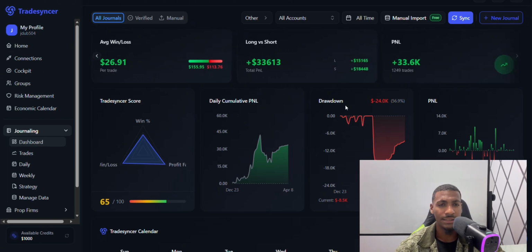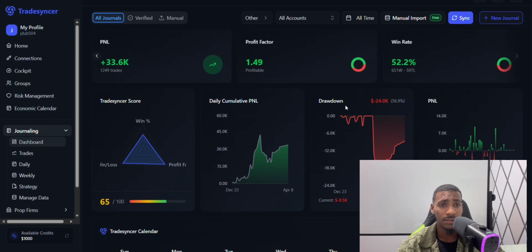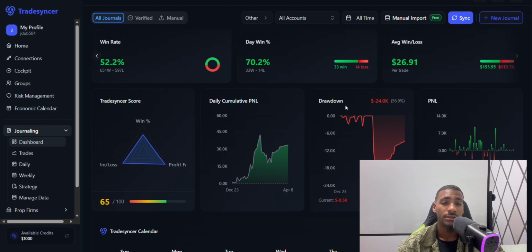I don't have a 20% consistency rule in this one, 50% in this one, no consistency in these sets. So I like to keep all my accounts the same. I do 50% consistency in funded, and in eval, 50% consistency, no consistency in the funded. Keep it like that, and that will get you to the results that you're looking for.